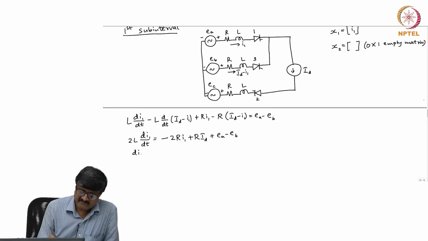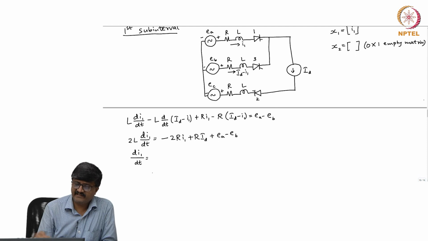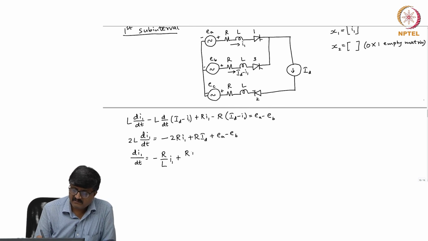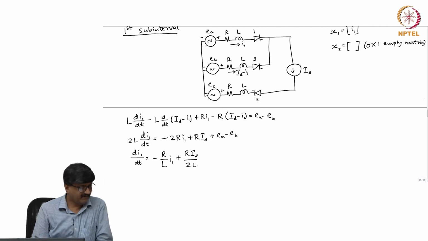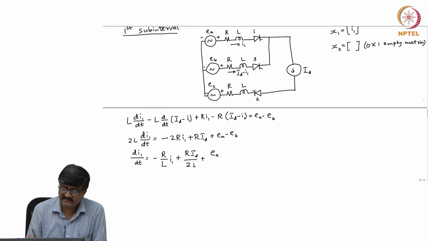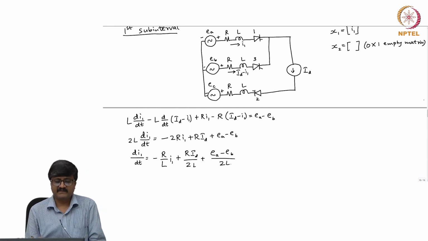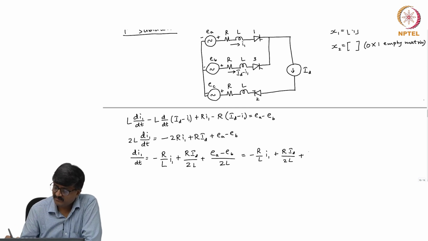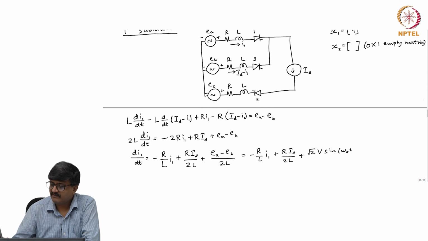So, in the standard form I get dI1/dt is equal to, so divide the entire equation by 2L, I get minus R by L I1 plus R Id by 2L plus EA minus EB by 2L. So, this is nothing but minus R by L I1 plus R Id by 2L. EA minus EB is root 2 V sin omega_o t with a negative sign.